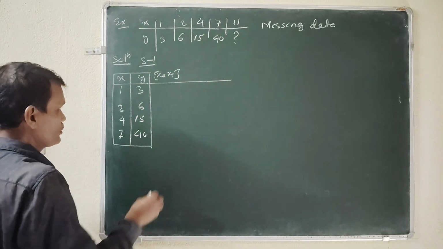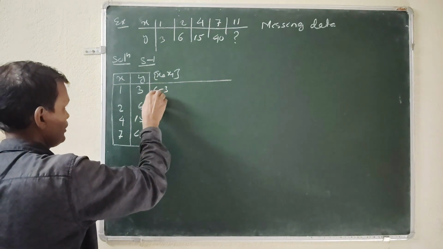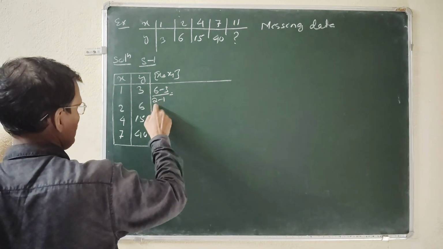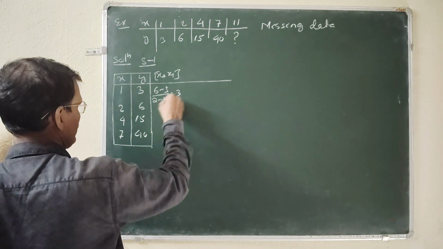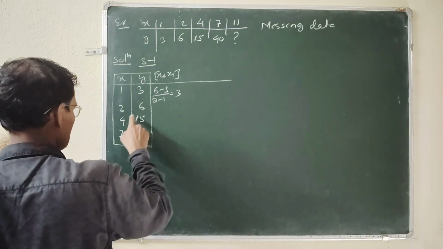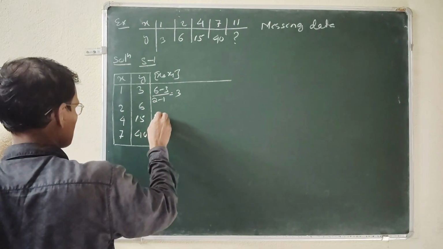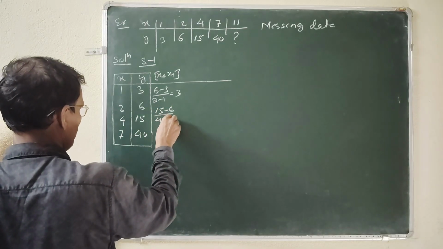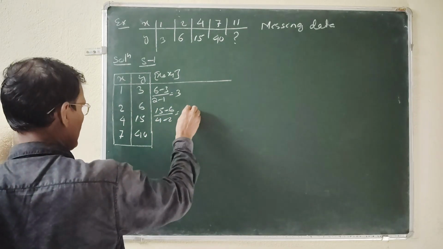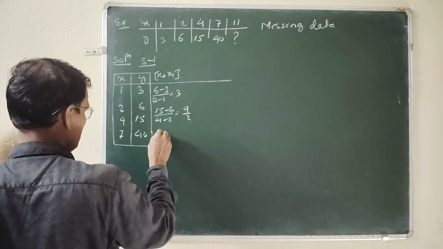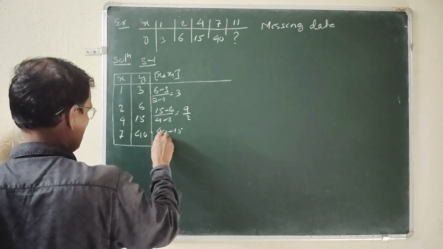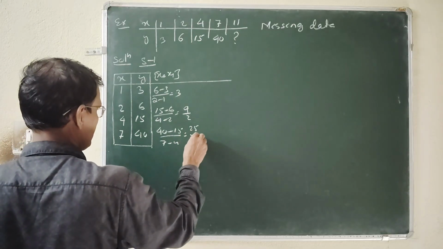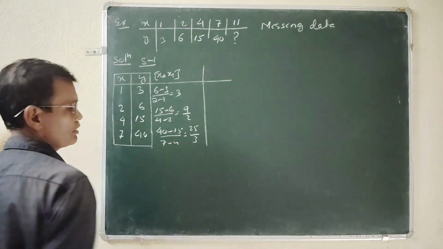So x0, x1 is 6 minus 3 by 2 minus 1, that is 3. Similarly, 15 minus 6 by 4 minus 2 gives 9 by 2. Here 40 minus 15 by 7 minus 4 gives 25 by 3. So this is our first order divided difference.